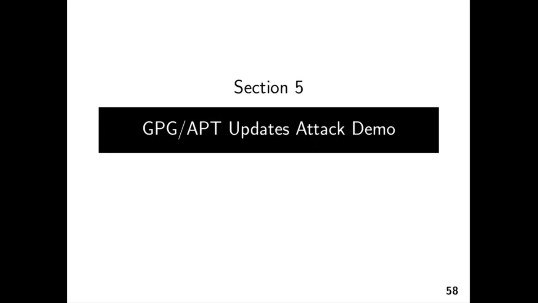Maybe it's even an automatic nightly thing, which I think is quite common. So in this scenario, we want to make the victim go to our repository, fetch the index from our repository, and install our malicious, not authentic package. We're going to do coreutils, because we want to backdoor ls. And we have it installed. And all of these checks are going to have to pass totally normally, like it's a totally normal day.